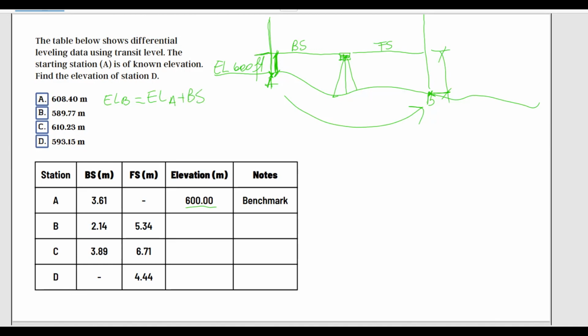And now we are at this point. We have this elevation. And if we subtract from this point this distance, which is foresight distance, we're going to get the elevation at station B.